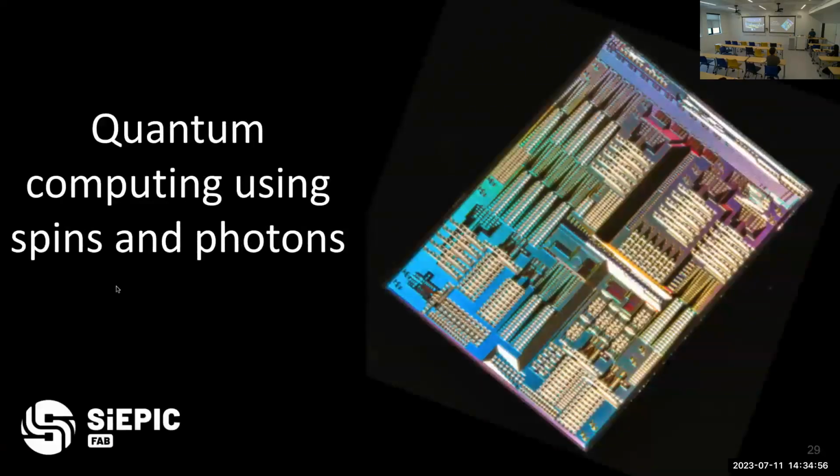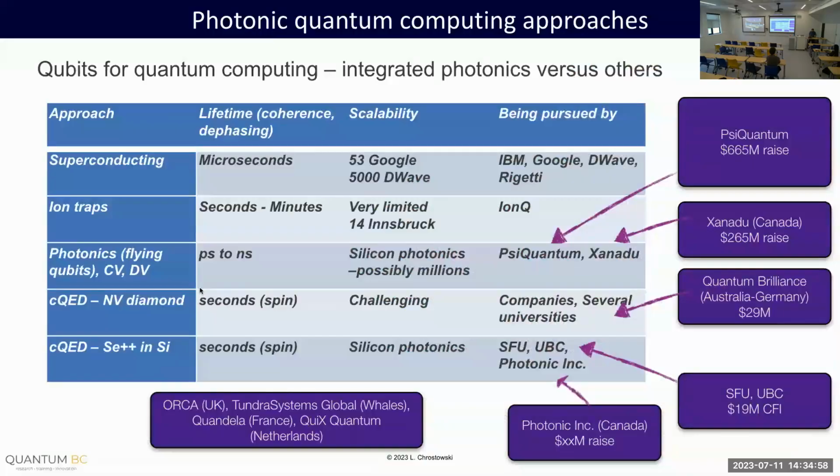Okay, so a few words about spin and photons interacting. This table shows these pure photonic qubits don't last very long, and that's really the limiting factor. So it's not coherence in this case, it's just disappearing photons, as opposed to dephasing, like in the case of the other ones. The field that we're in terms of the spin photon coupling is well known, called cavity quantum electrodynamics.